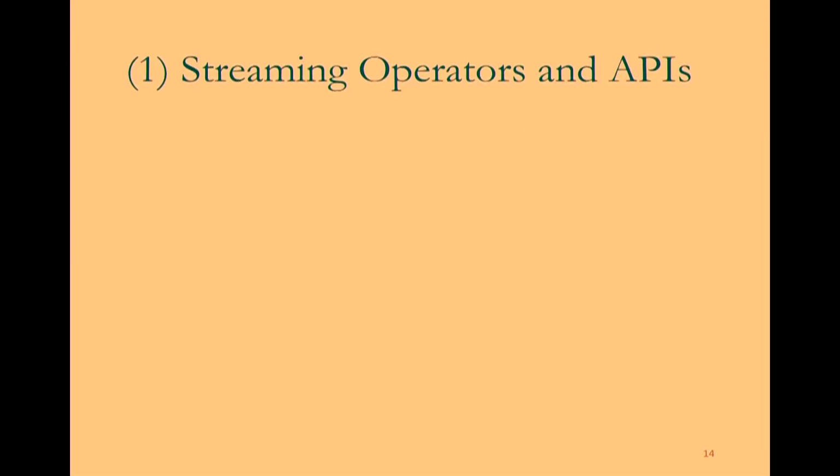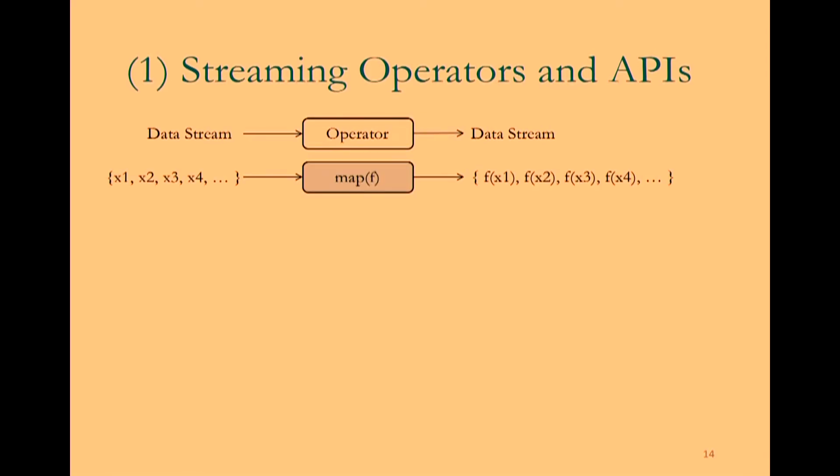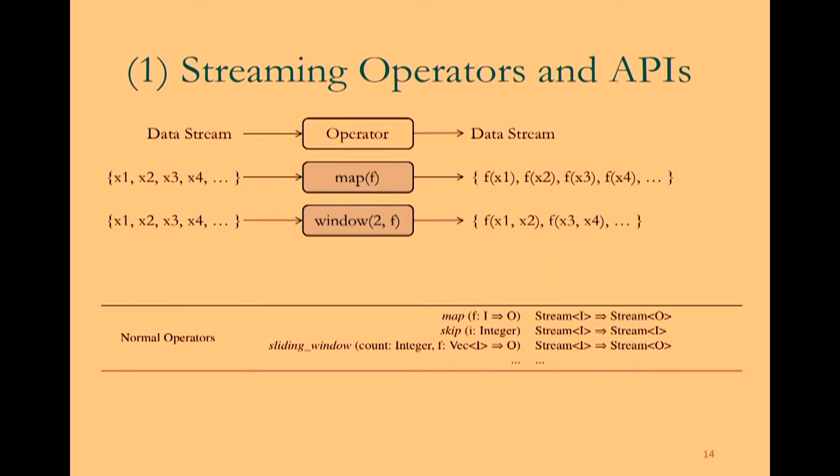Okay. So the basic building blocks that the application developer can use here are operators that transform an input data stream into a new data stream. Examples of such operators include map that applies some function to each element, or window that groups stream elements together. And these are examples of some normal operators that have been used in prior works before.